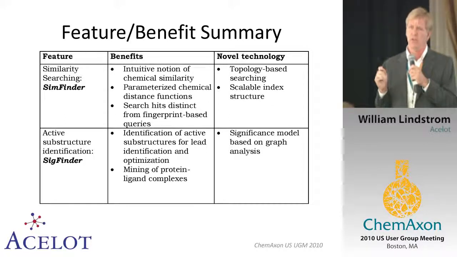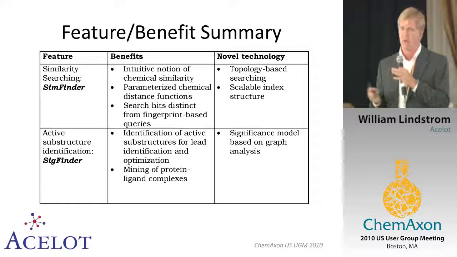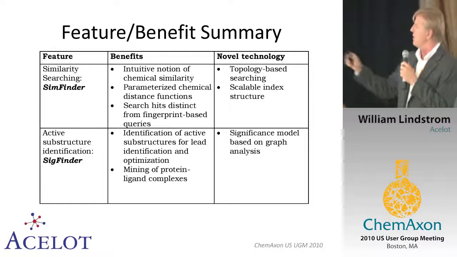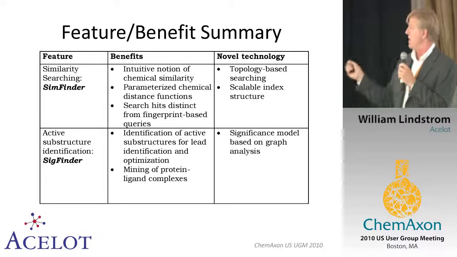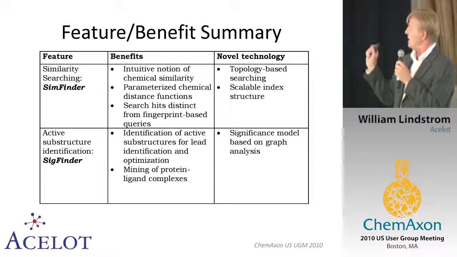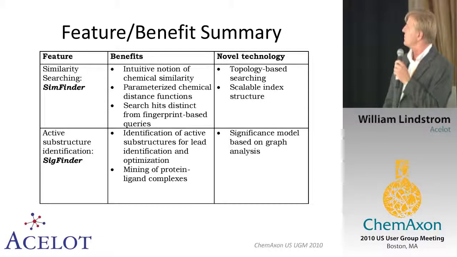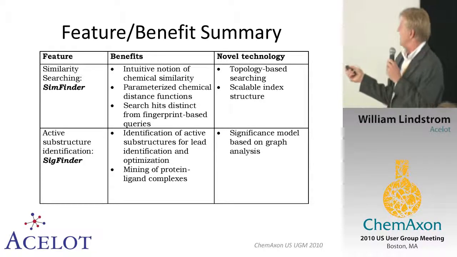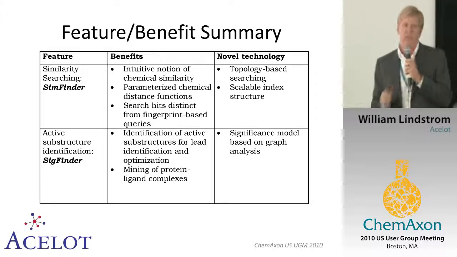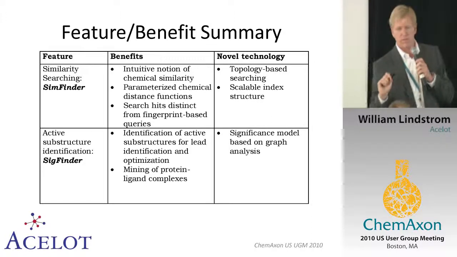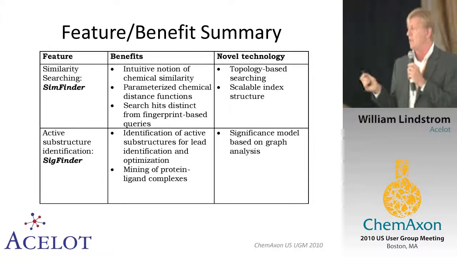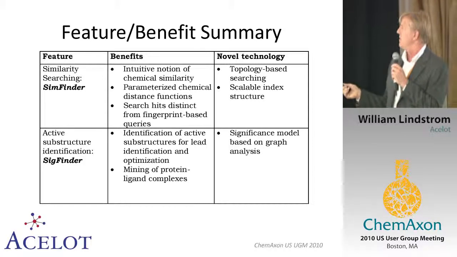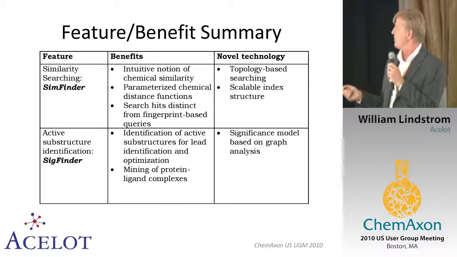And that can give you a new lens on a previously searched database. And when we look at the actives out of that, we're at least better, or at least comparable to fingerprints. And for SigFinder, we see that as a way to quantify the intuition that a medicinal chemist gets out of gazing at the structures of an assay result.